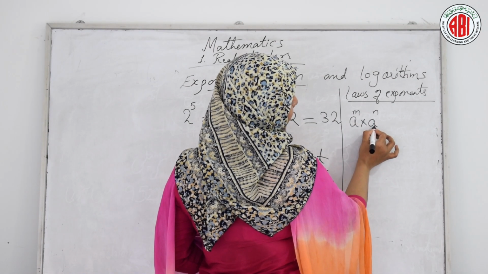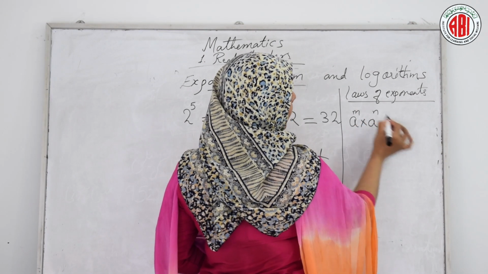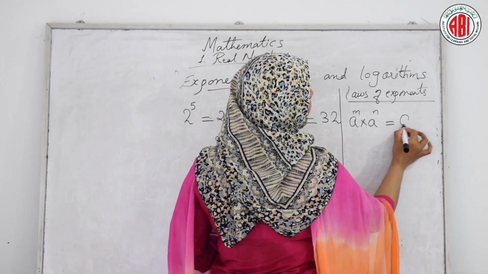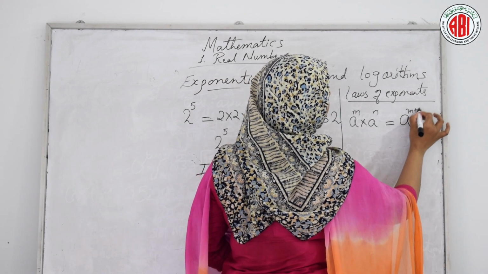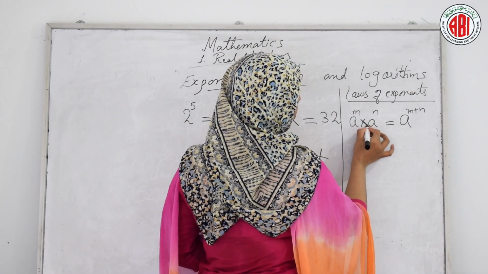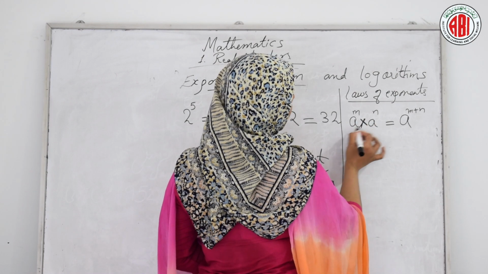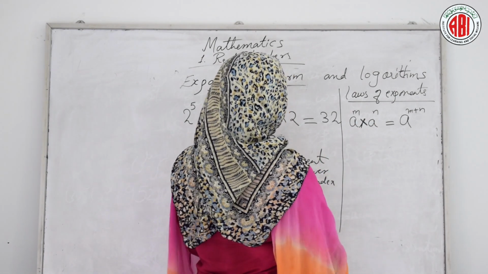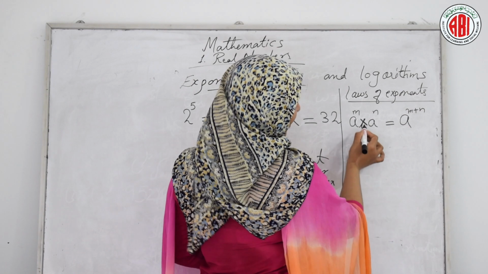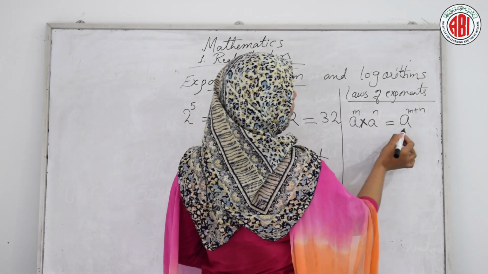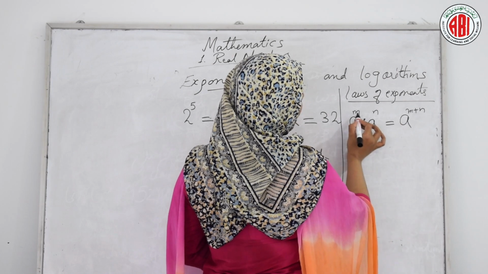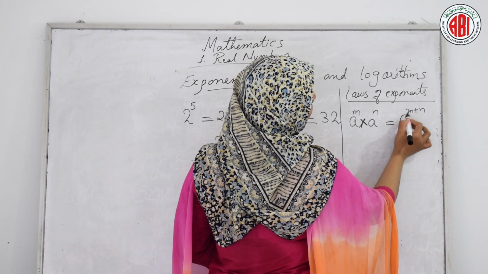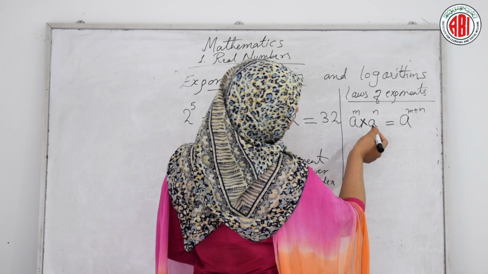Multiply a, same base, to the power n. This we can also write as a to the power m plus n. Multiplying two exponential numbers having the same base, we take the base as common and add the powers: a to the power m plus n. This is the first law.